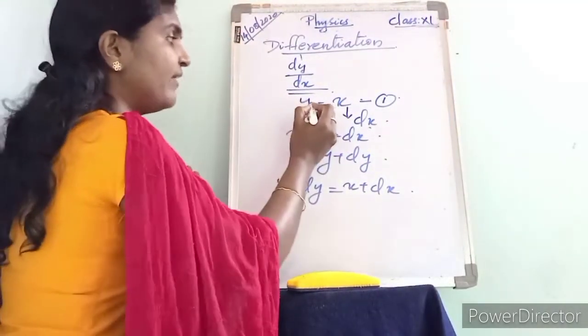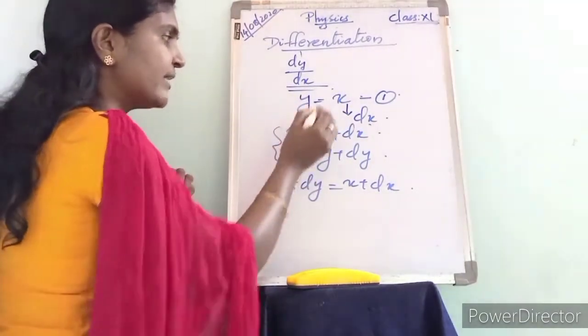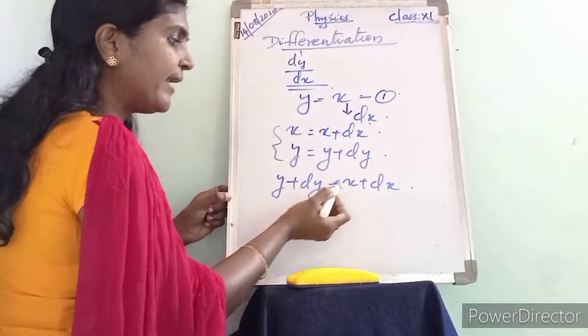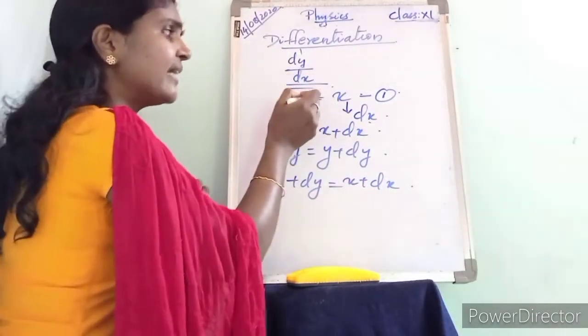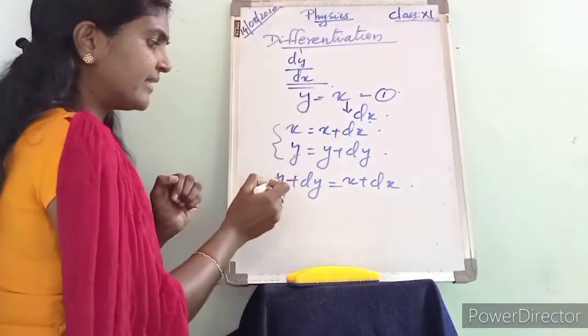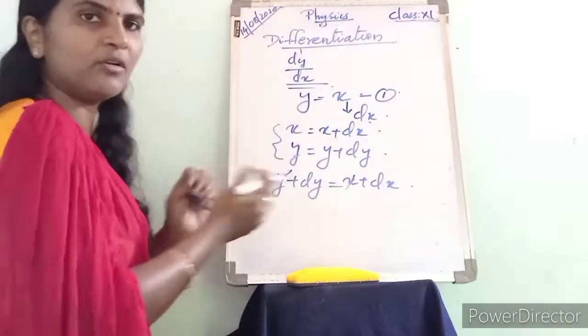We name this equation 1. Then we can substitute these two values in 1. So y plus dy equals x plus dx. And what does equation 1 say? y equal to x. So we can cancel these two because y equals x.